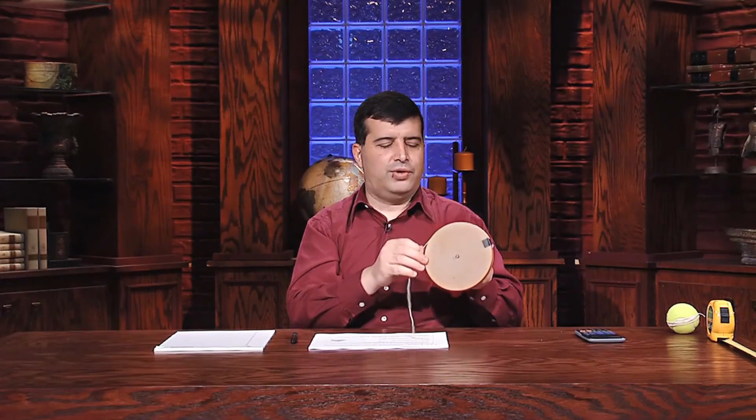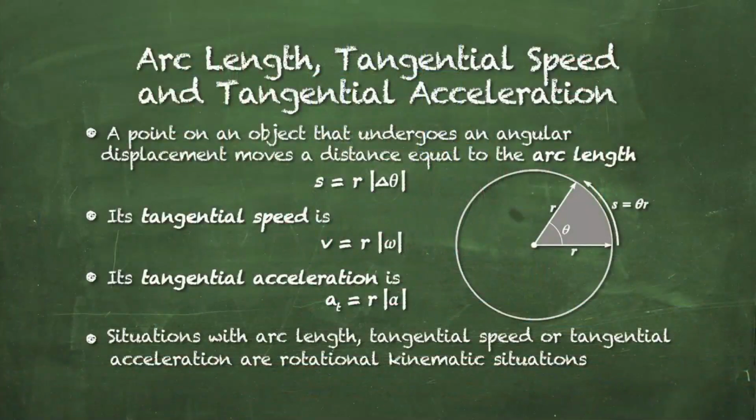Same thing for the velocity. The velocity with which my fingers move is related to the angular velocity of the wheel, and the acceleration with which the string moves is related to the angular acceleration of the wheel. So these same equations hold. Distance is equal to radius times the change in angle.